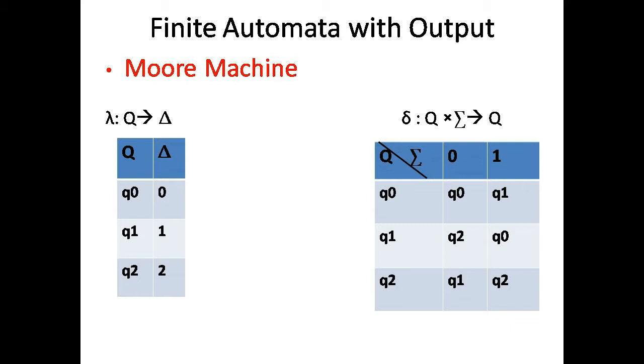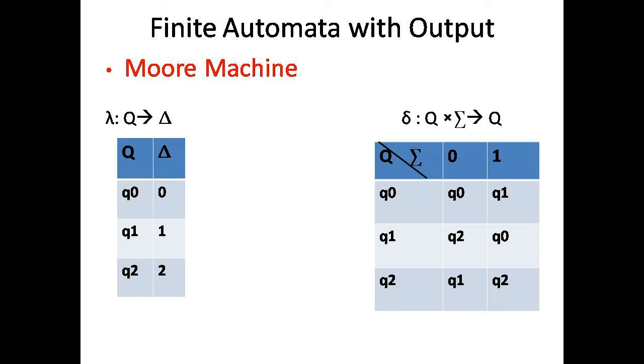In the Q0 state, the remainder is 0. If the input is 0, then the number becomes 00. If we divide by 3, it is divisible. Then the machine is in the 0 remainder state. That is, it will produce the state Q0.